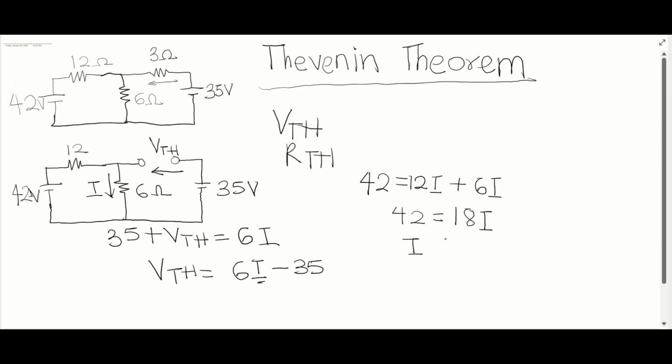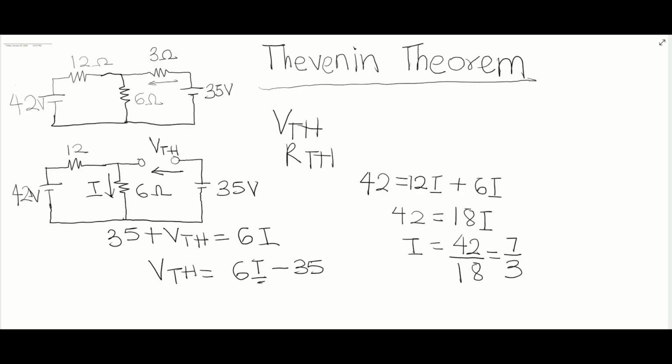So the current is going to be 42 divided by the 18, which is going to give you 7 on 3. So the 7 on 3 is going to be the current that is across the 6 ohm resistor.